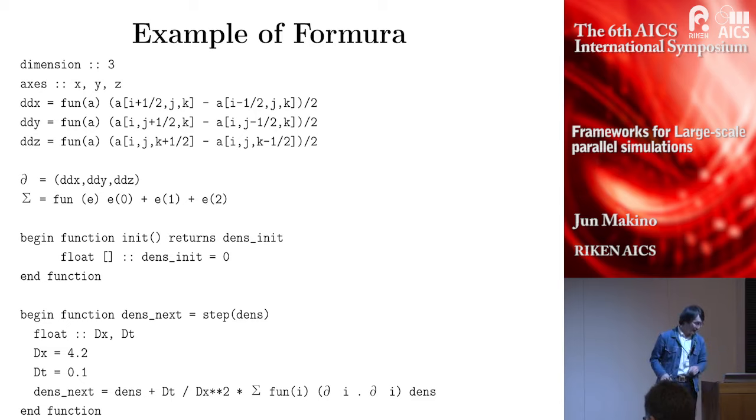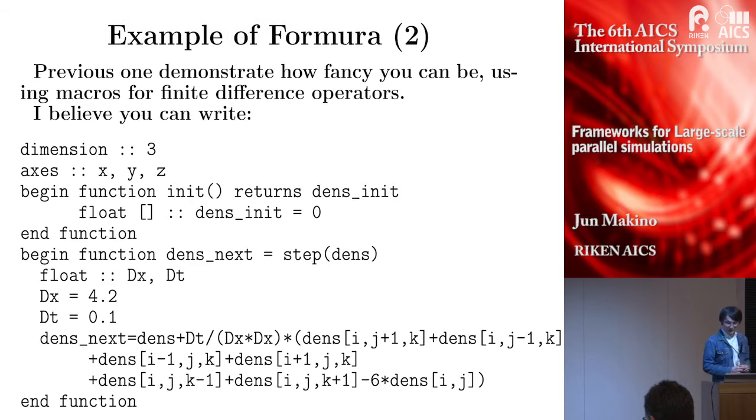But for most normal people, the standard 7-point stencil may be much easier to understand. Basically, we can write this kind of basic stencil, which is compiled into reasonably efficient MPI parallel and hopefully temporally blocked code pretty soon.